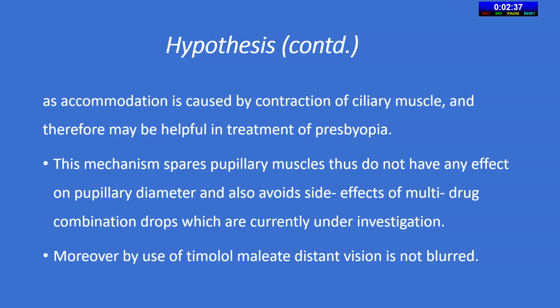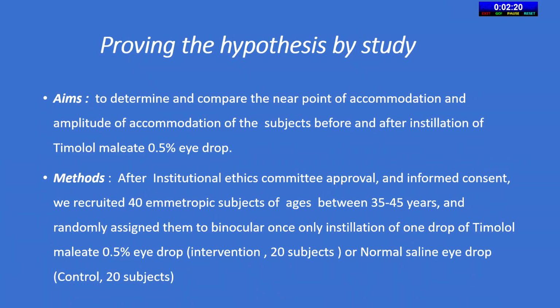This mechanism spares pupillary muscles, thus does not have any effect on pupillary diameter, and also avoids side effects of multi-drug combinations which are currently under investigation. Moreover, by use of timolol maleate, distant vision is not affected.